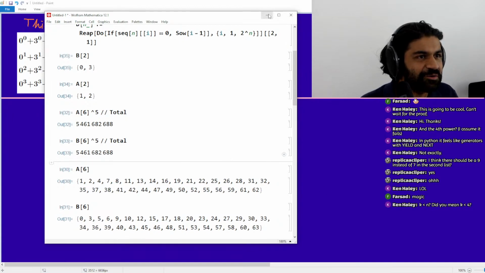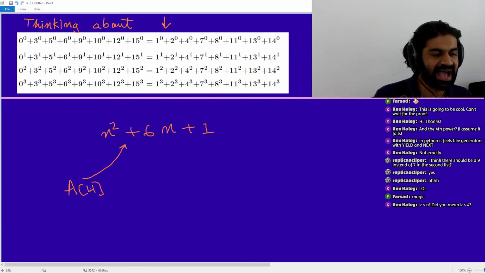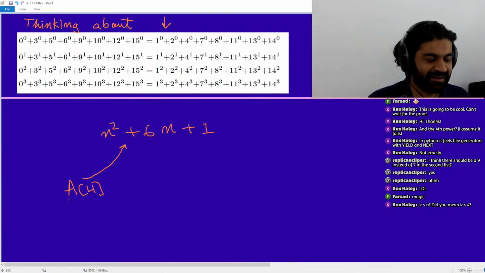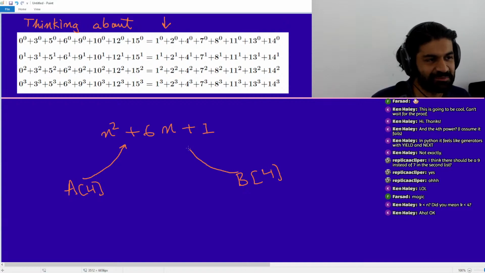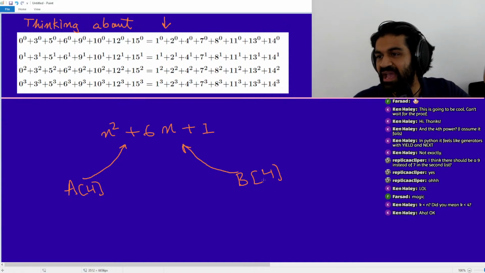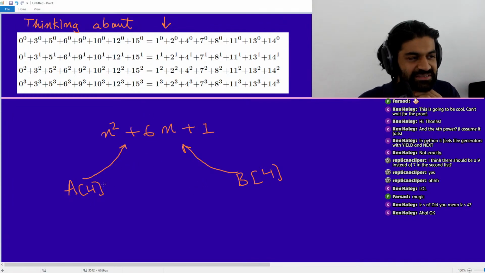Okay, so here's the thing. I can take all the elements of A4 and plug them into this polynomial and add them up, right? Or I can take everything in B4, plug them into this polynomial, and add them up. I should get the same answer on either side. Because let's think about what plugging into this polynomial and adding them up is doing.